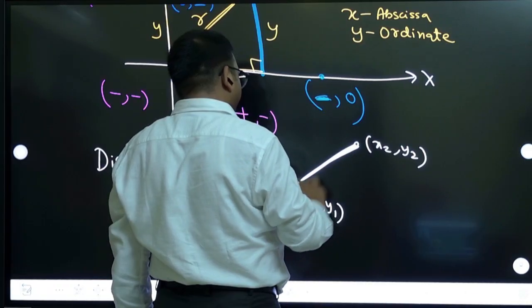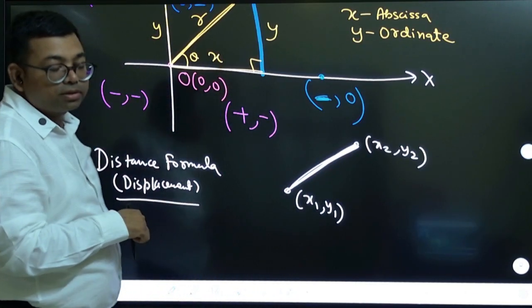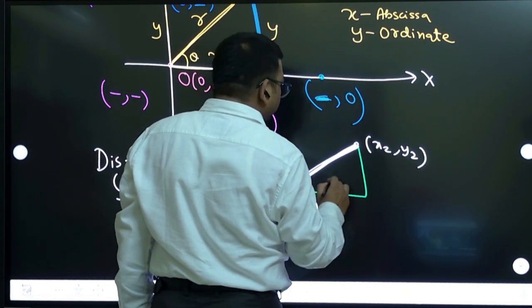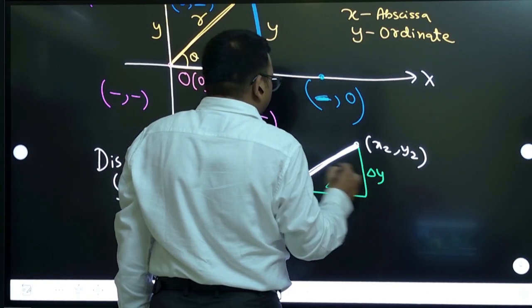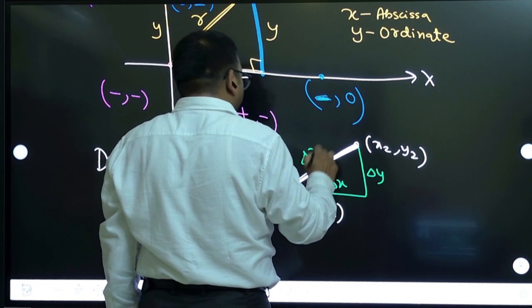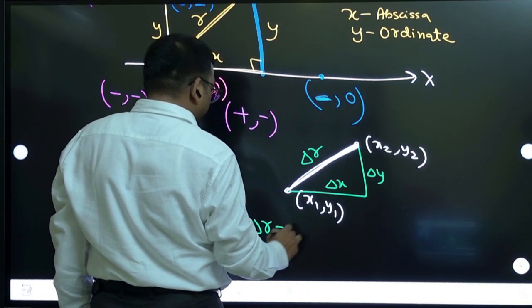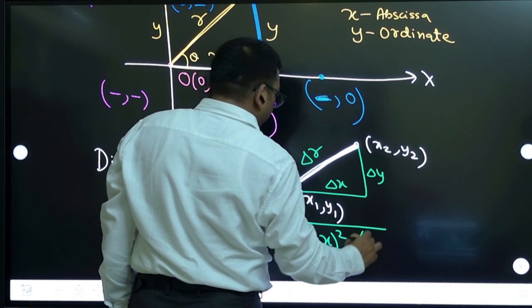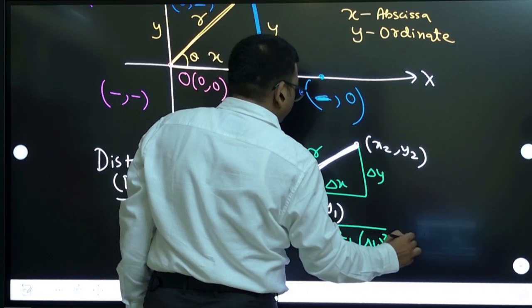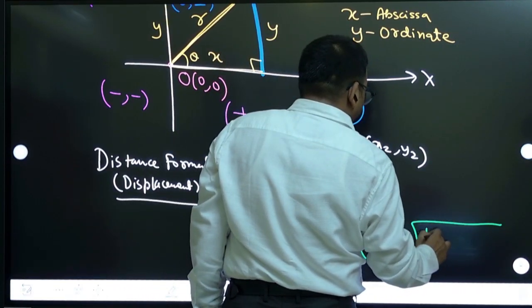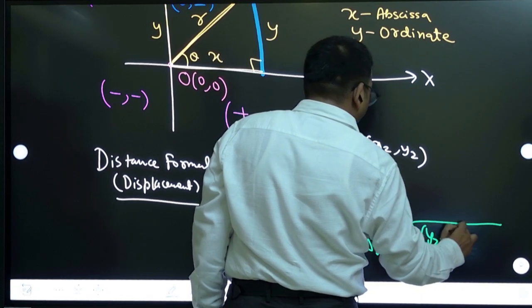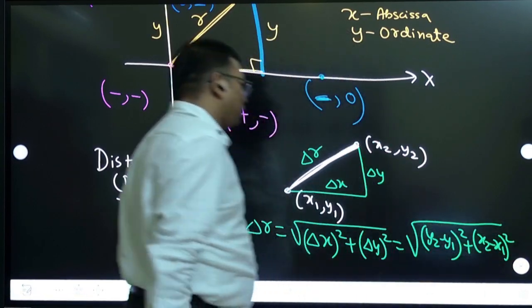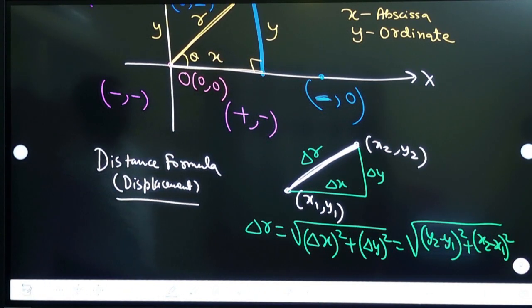That means this straight line distance, that is displacement. We can very easily calculate it because this is delta x and this is delta y, and this is the displacement delta r. So delta r is root under delta x whole square plus delta y whole square, which is root under y2 minus y1 whole square plus x2 minus x1 whole square.